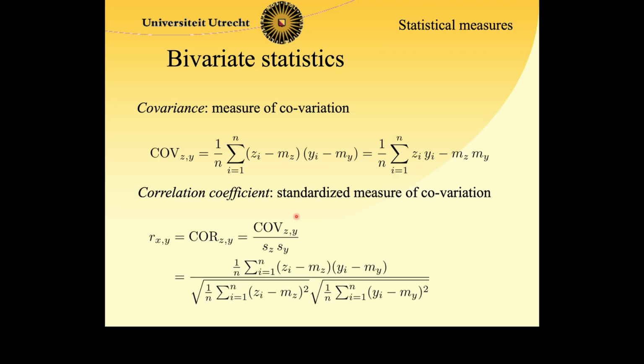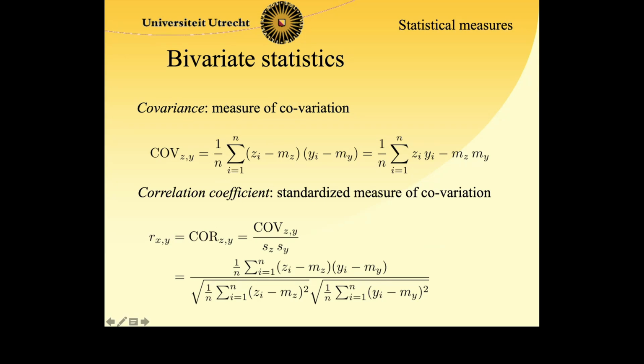Now, often we like to normalize the covariance, so we compute the covariance and divide it by the product of the standard deviations. So this is done here. And then we get the cross-correlation coefficient, which varies between -1 and +1.